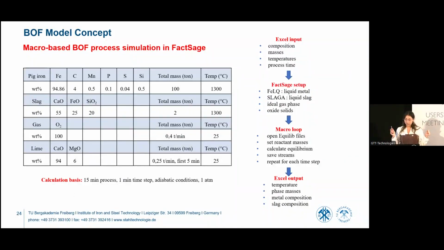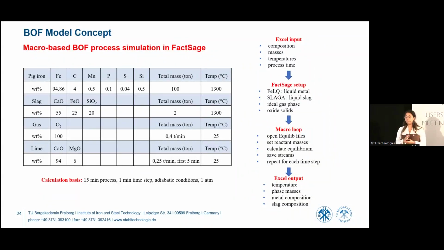And the third part of the presentation is about basic oxygen furnace simulation. This is the example where macro processing is most important. Here I used FactSage macro processing to build a step-by-step process model. The model is not only a single calculation, it is a loop of many equilibrium calculations.